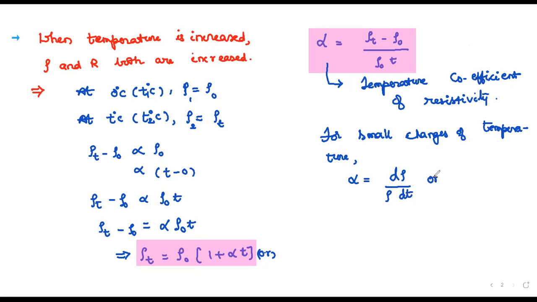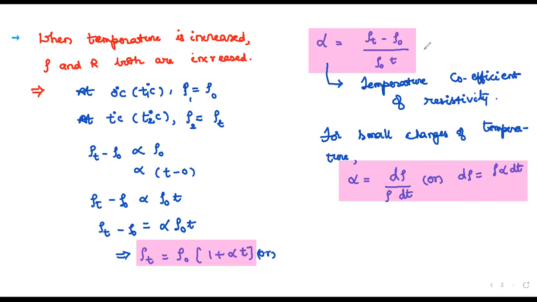Or by cross multiplication, d rho equals rho alpha into dT. This is the equation in differential form. So you use any equation when you come to numericals, depending upon the question.